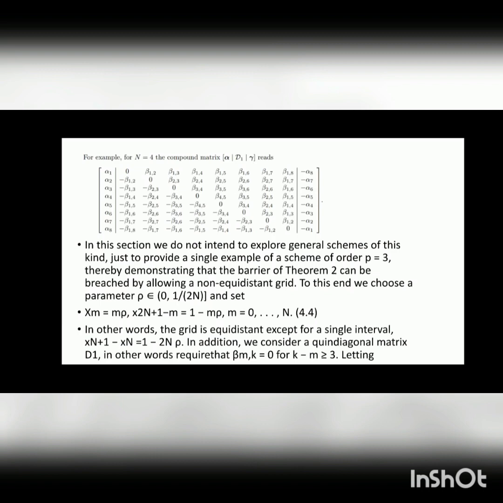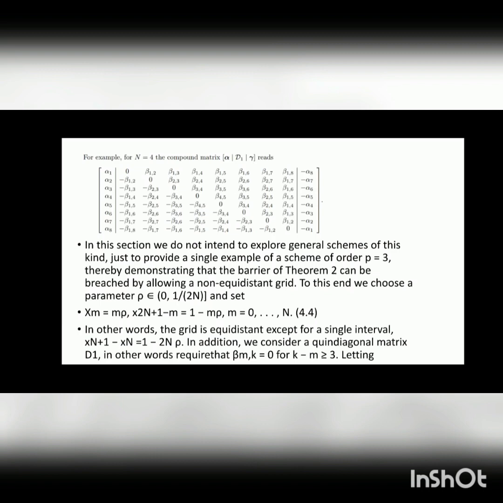To this end, we choose a parameter p belonging to 0, 1 over 2n and set x_m equals m p, and x_{2n+1-m} equals 1 minus m p, for m equals 0, 1, 2, 3, and so on up to n.